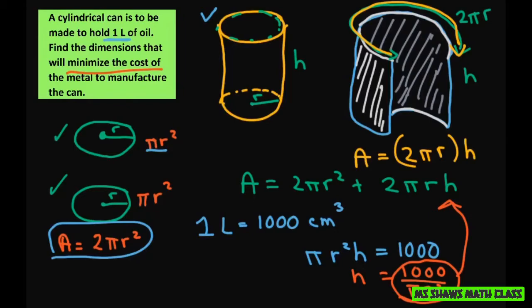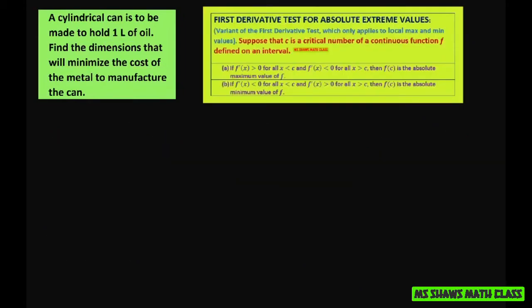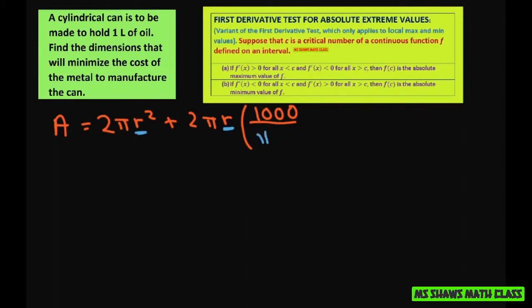So we'll write this as area equals 2 pi r squared plus 2 pi r times 1,000 divided by pi r squared.